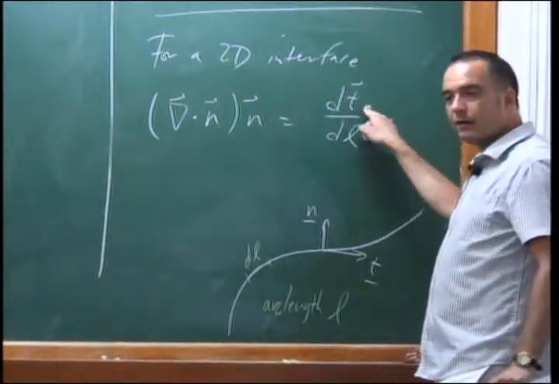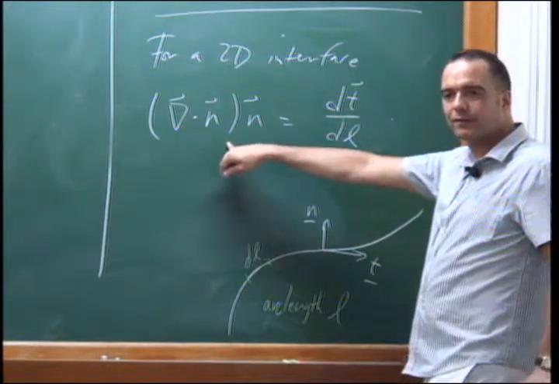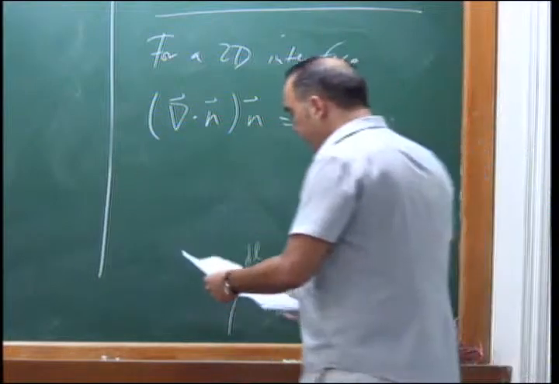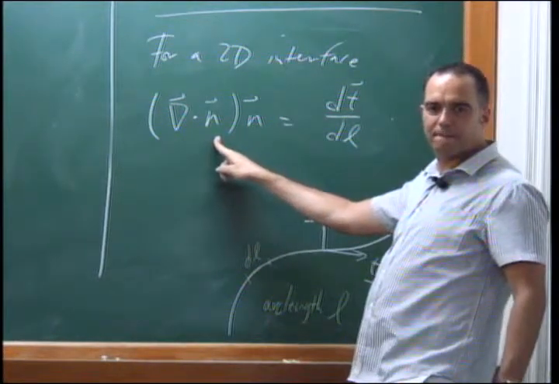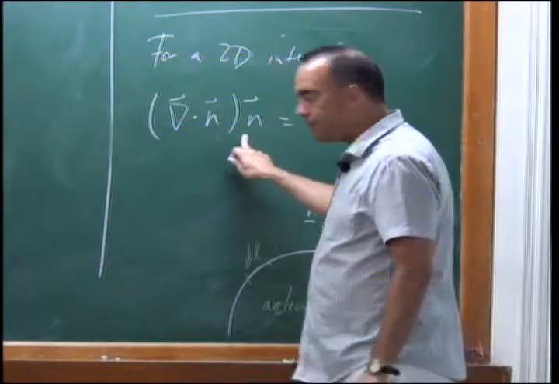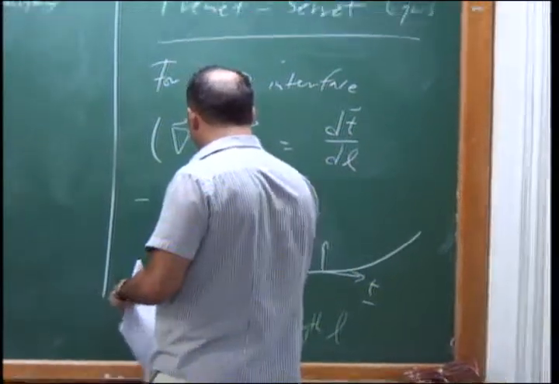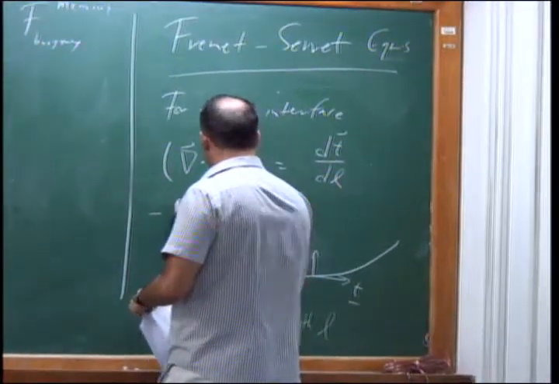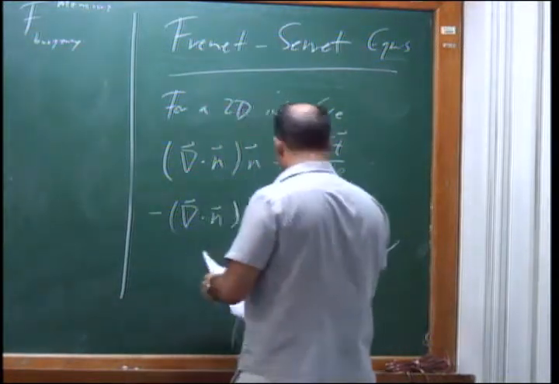So the rate of change of the tangent as you move along the curve is given by this. And this is very handy because this is none other than the curvature pressure times the local normal. And the other one, which we won't use quite so much, is dn/dl equals minus the curvature times t.